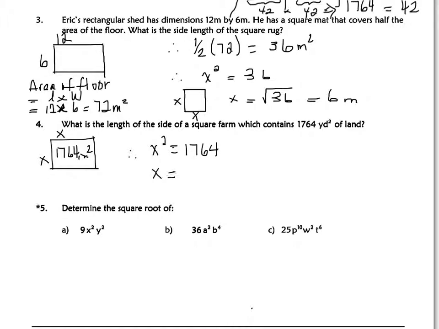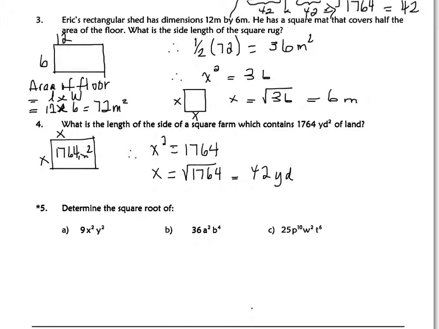So x would be the square root of 1,764, which we just did a few minutes ago, or you can use your calculator and just put in the square root of 1,764, and you should get 42. We did that above in question number 2b as well, if you wanted to use prime factorization. And it would be yards, because we're talking about one dimension.